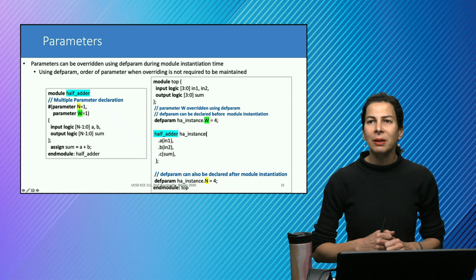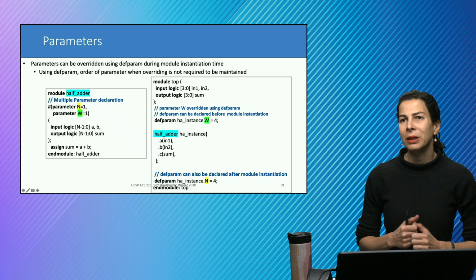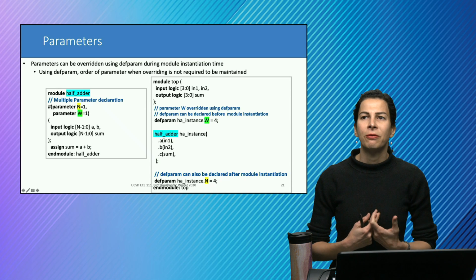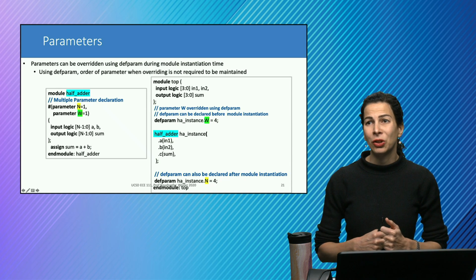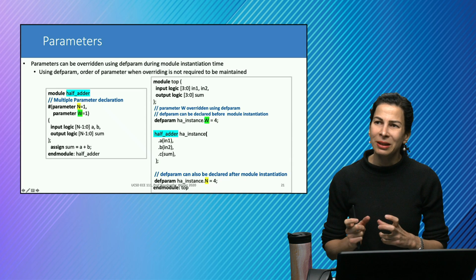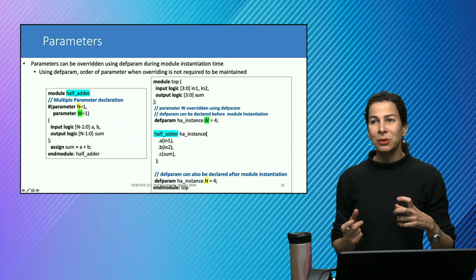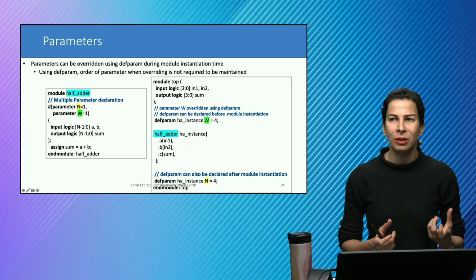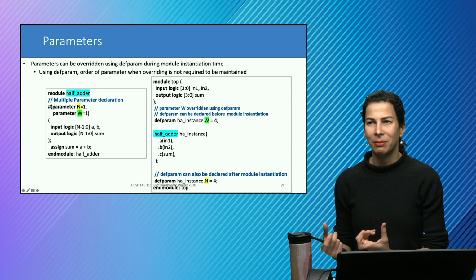The parameters can also be overridden using defparam during module instantiation time. And this defparam is a little tricky. You could use defparam even before you instantiate a module or after you instantiate a module.